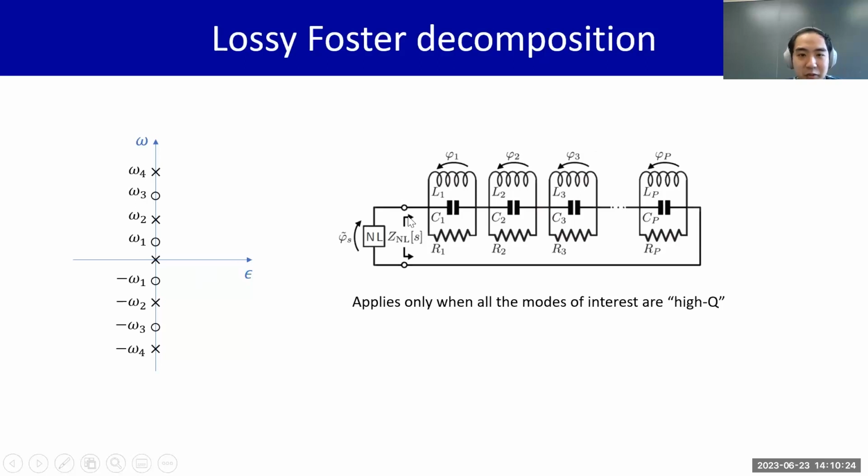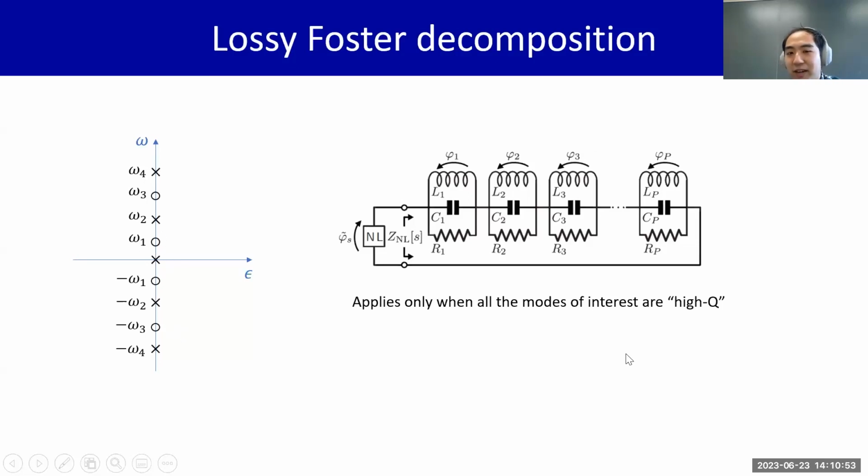But we do it this way when all the modes of interest are high Q. High Q means that the separation in the Laplace domain is dominated by the separation along the imaginary axis, when the real part of the eigenmode that characterizes the loss constant of the modes is much smaller compared to the separation of the modes on the frequency axis.